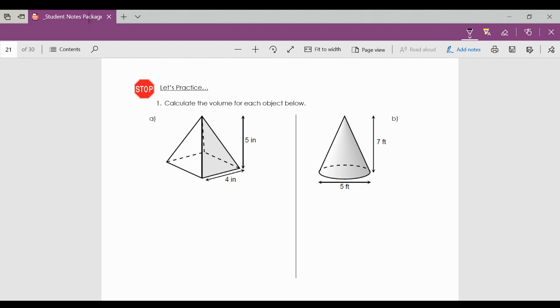We have to find the area of its base, which is 4 by 4, and multiply by the height of this pyramid, which is indicated as 5. So 4 by 4 by 5 is equal to 80. Then because it's a pyramid, we have to divide by 3. That gives us 26.7 inches cubed.